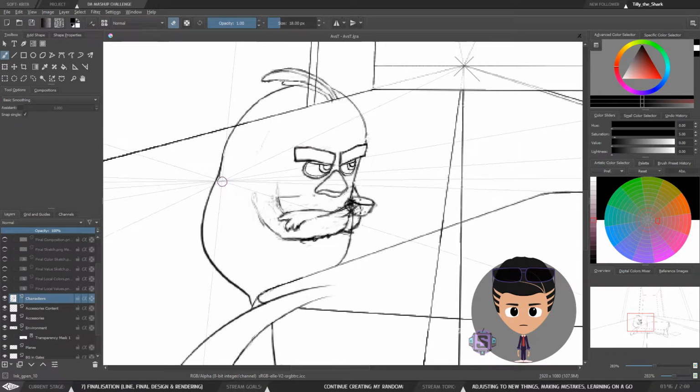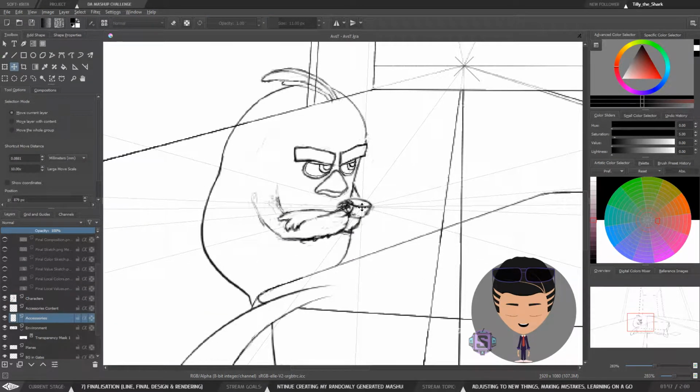So we could get rid of this line. Oh, it needs to be closer. Perhaps somewhere in here.